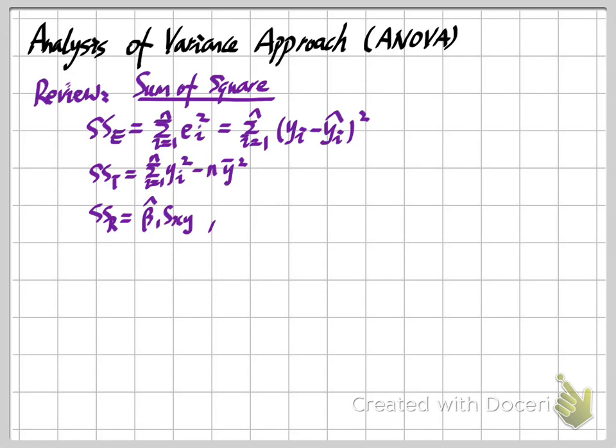Here S sub xy is equal to the sum of the products of x and y minus the number of data pairs times the sample mean of x times the sample mean of y. So this is the equation for our sums of squares, SSE, SST, and SSR.